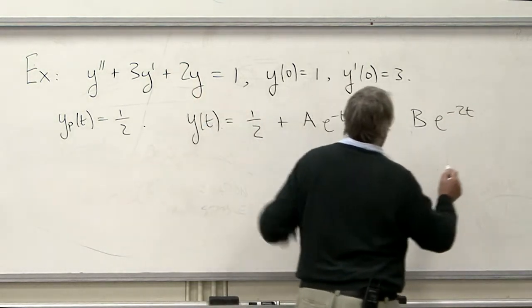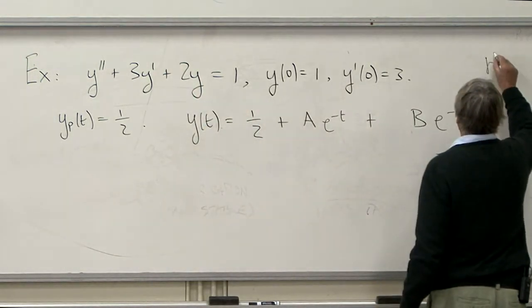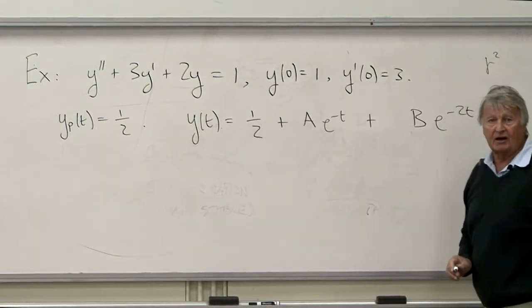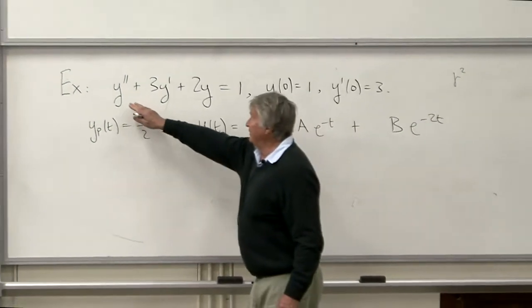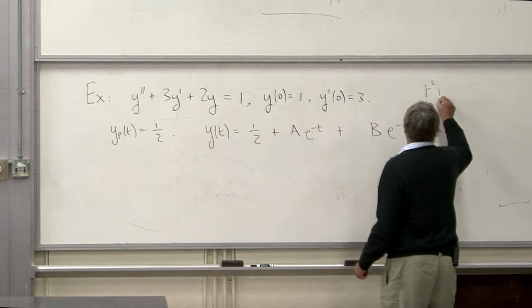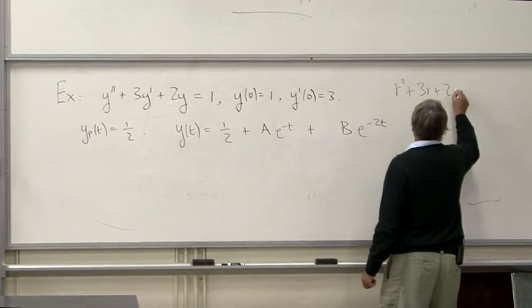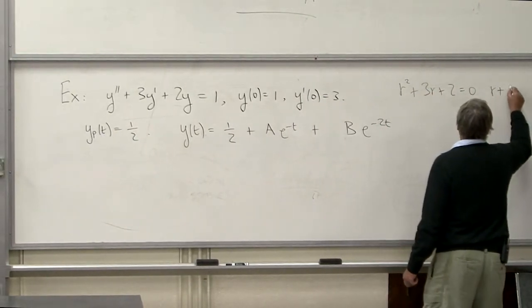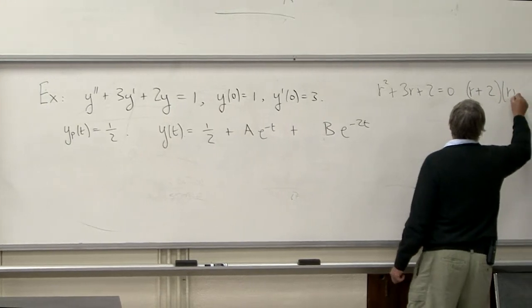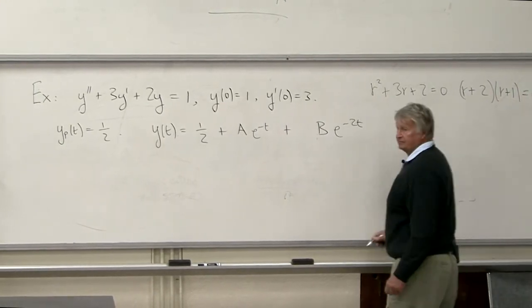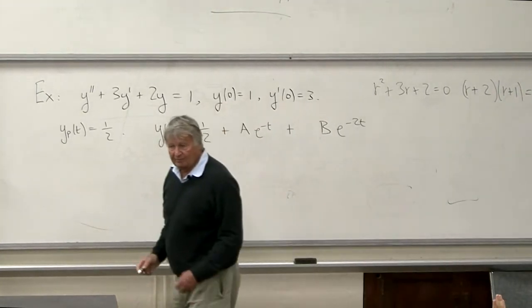Because the characteristic equation, if we look for solution e to the rt of this equals 0, I get r squared plus 3r plus 2 equals 0, and that factors into r plus 2 times r plus 1 equals 0. So r is minus 1 and minus 2.